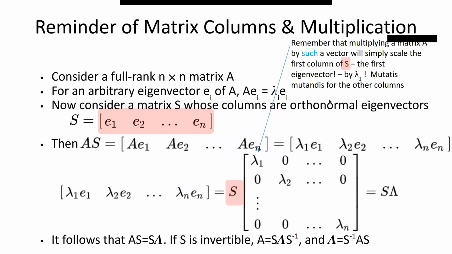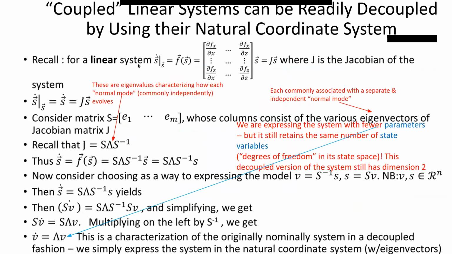So we can express the rate of change of system state, that's what this S dot is, as a matrix times the current value of state. And it turns out that an implication of this is that you can decouple this system.